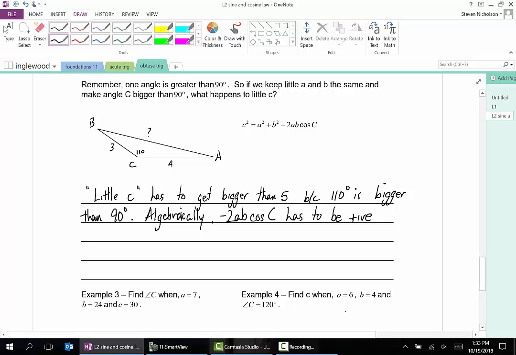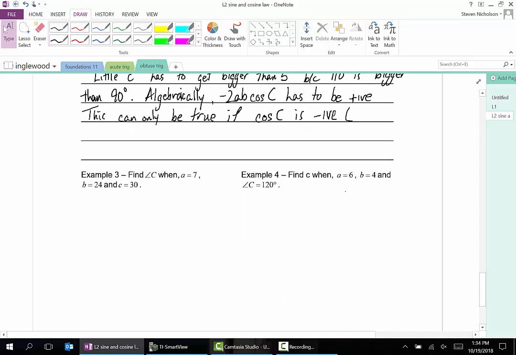So if negative 2ab cos C is positive, then we're adding on to the basic Pythagorean theorem. And this can only be true if cos C is negative, which it is.